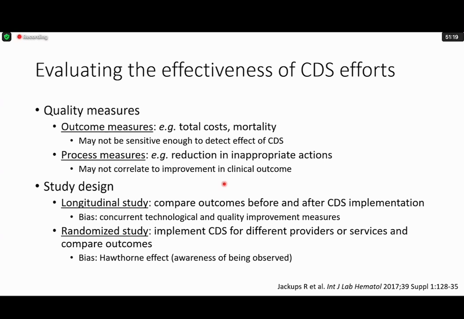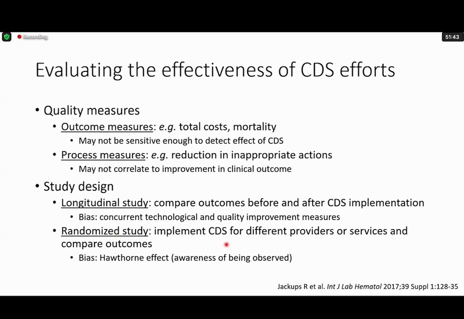Fairly easy to do as long as you have access to the data. But the problem with that is that, if other things were happening at the same time you made those interventions, you can't say for sure that the intervention was the cause of the good thing or the bad thing. So, there are some problems with how you interpret that data.